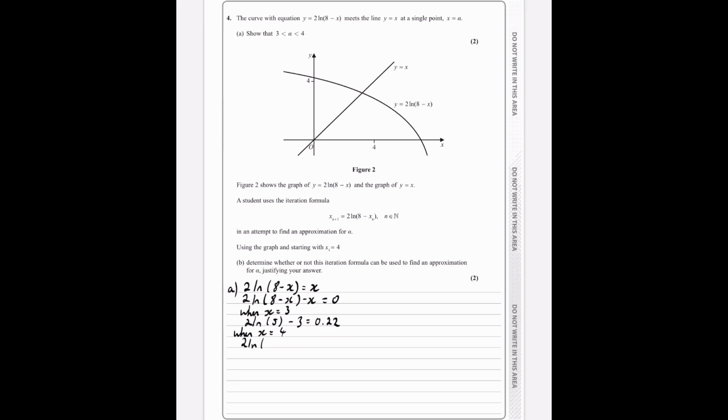And because we have gone from a positive at 3 to a negative at 4, and because we know this particular function is continuous, the ln function is continuous, x is continuous, so the subtraction of the two components will be continuous too. Essentially, that line between the two values must cross the x-axis somewhere, and that tells us that there must be a root that lies between the two values, between 3 and 4.